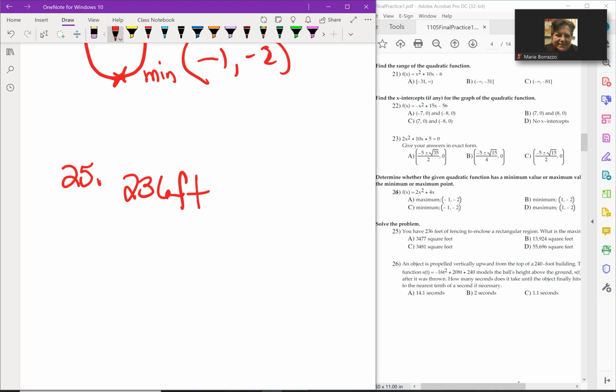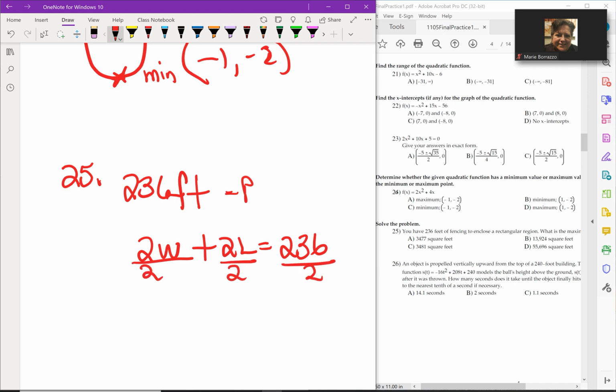So remember that if this is the perimeter, this is twice the width plus twice the length is equal to 236. If I divide by 2 on all three terms, I get width plus length, and now this is 236 divided by 2. That gives me 118.